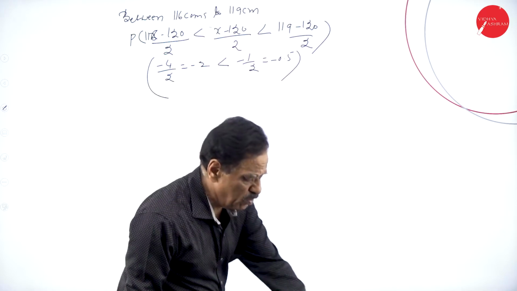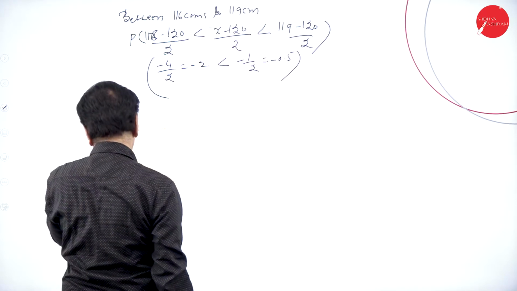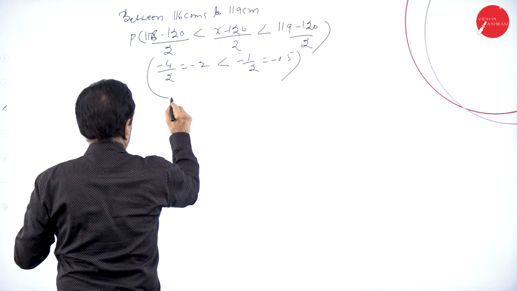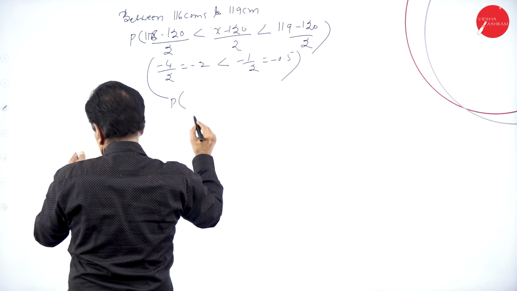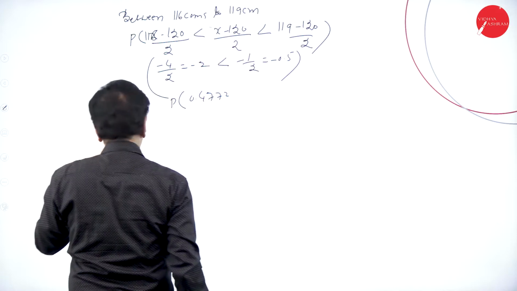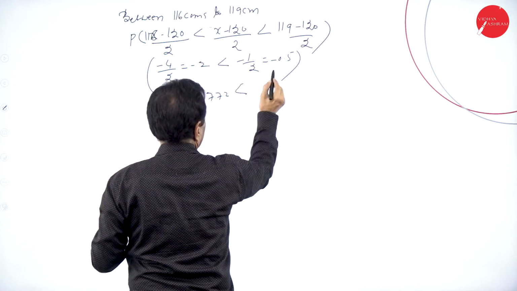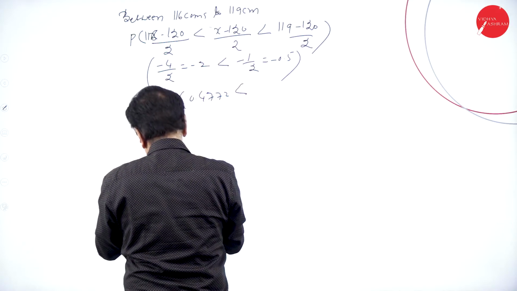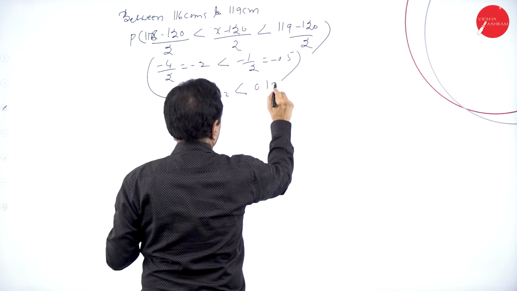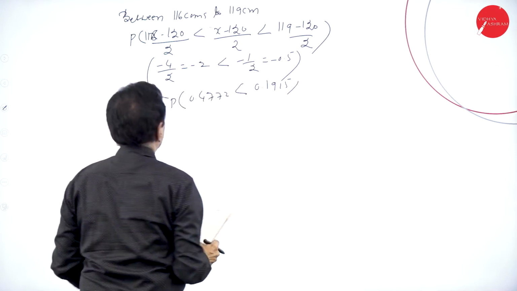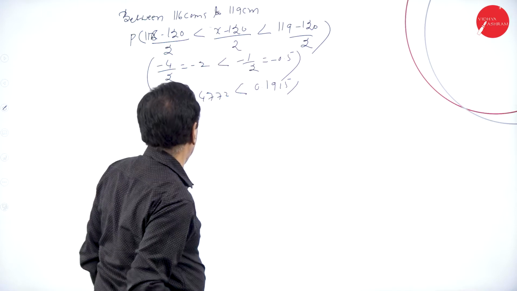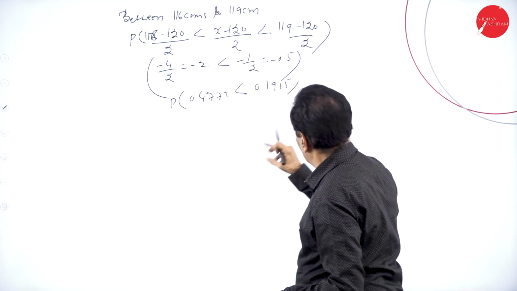So for minus 2, the table value is 0.4772, and for 0.5 it is 0.1915. So it is between 116 and 119, minus 2 and minus 0.5.